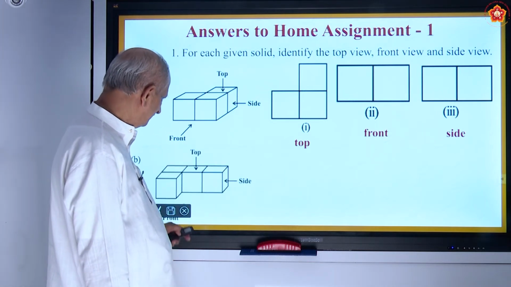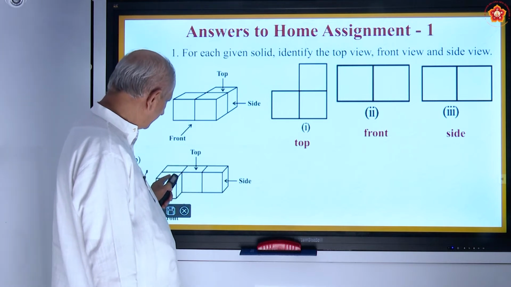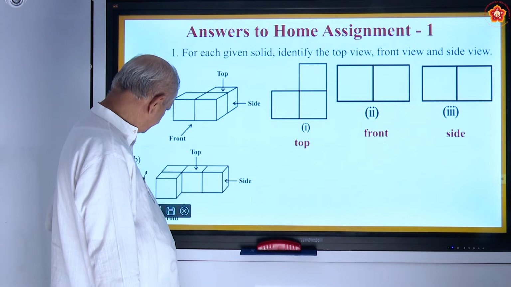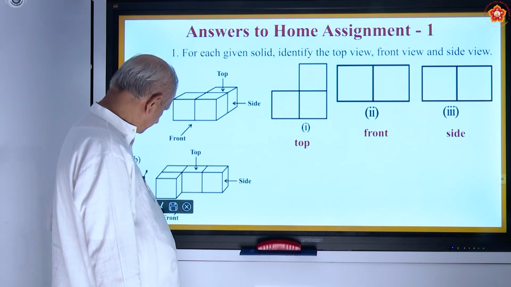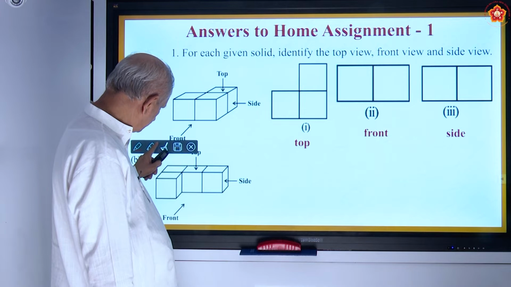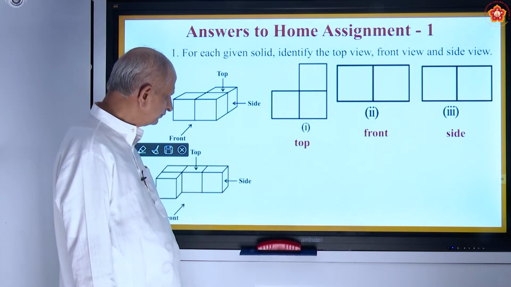Coming to the second figure, the top is here. The same cubes are arranged in another way. So this is the front view, this is the top view, this is the side view.